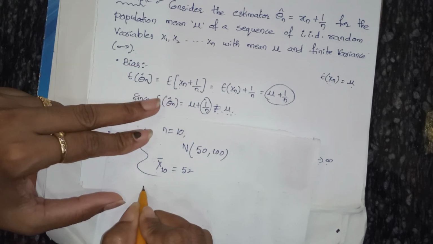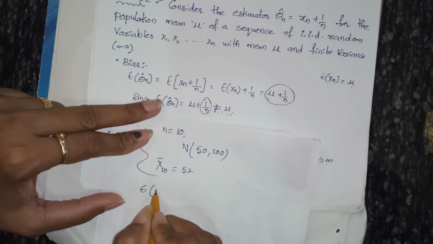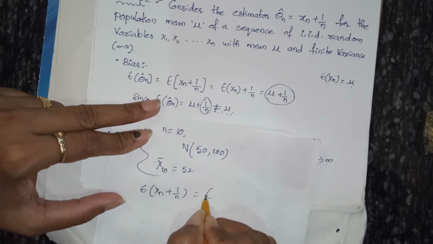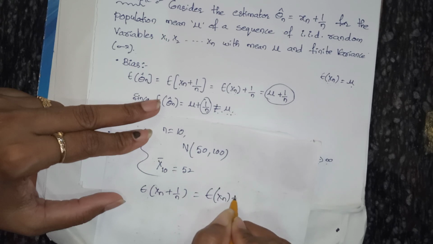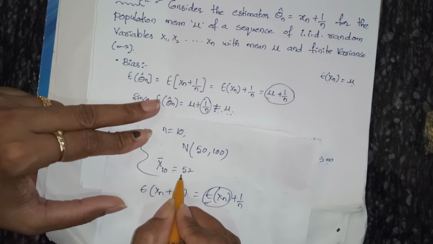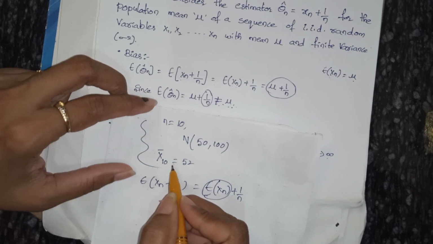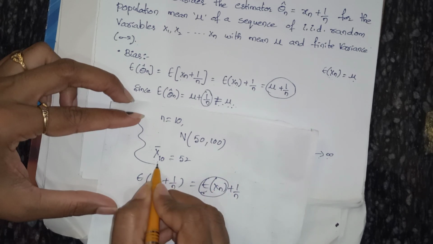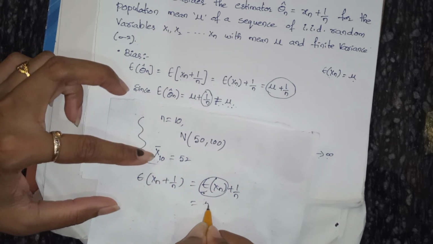See here. Expectation of Xn plus 1 by n equals what can we write here? What is expectation of Xn here? That is nothing but 52, isn't it?